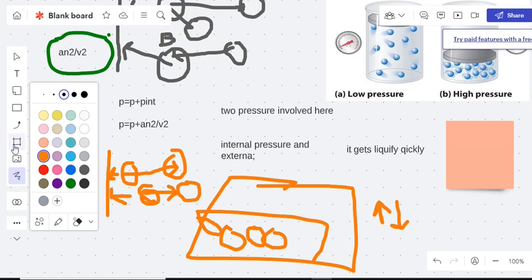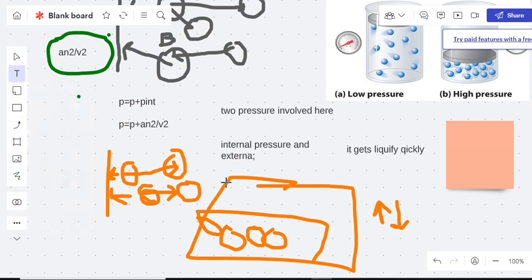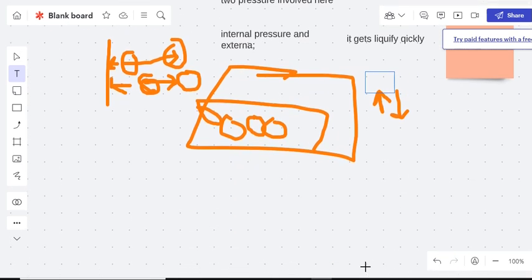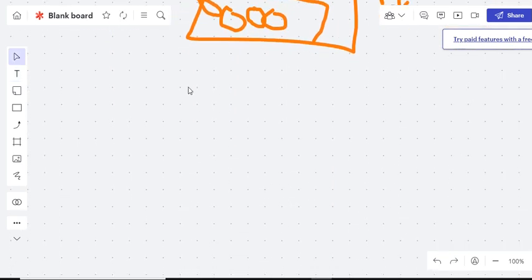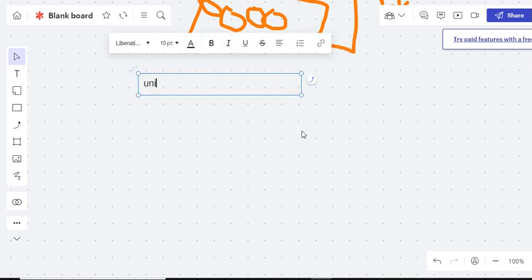Right now talking about the unit of a. So for that we need to move down. Unit of a. I'm sorry, I made a mistake in here. Unit of a: P total is equal to P plus a n square divided by V square.